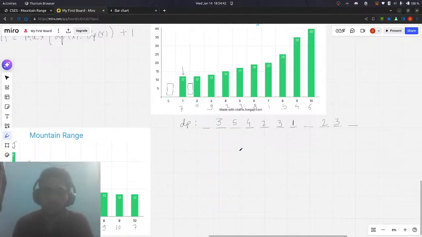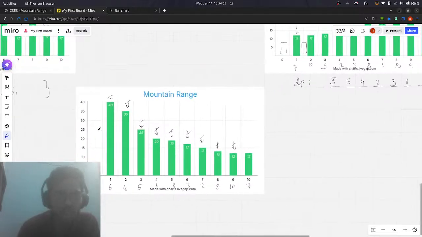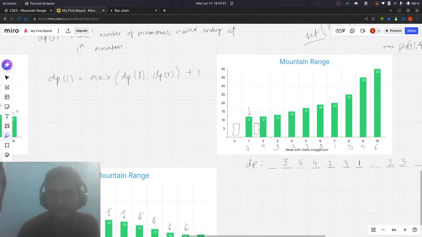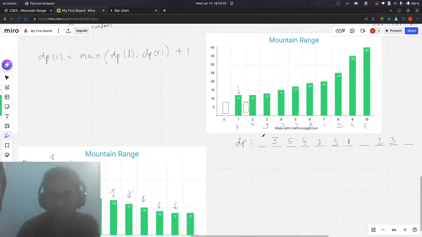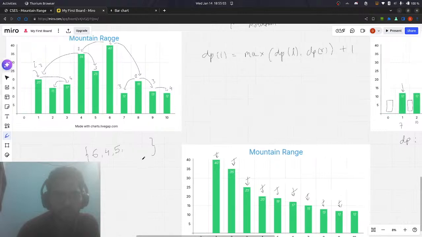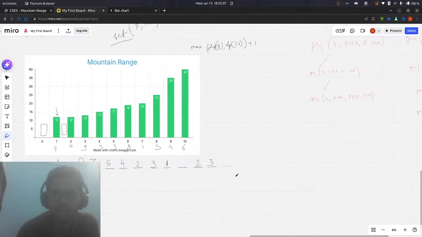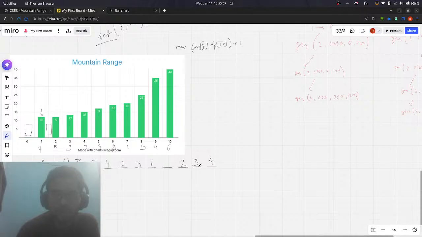We are processing this 10th number. So we are here, and for this 10, in the left we have 3, giving us 3, and the right we have nothing, so it will be 4.